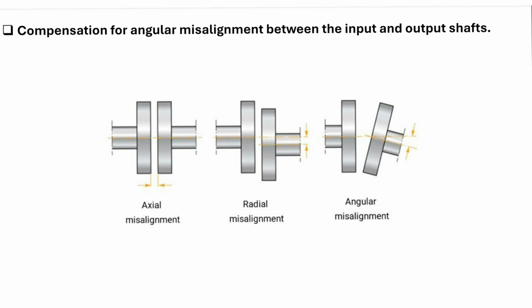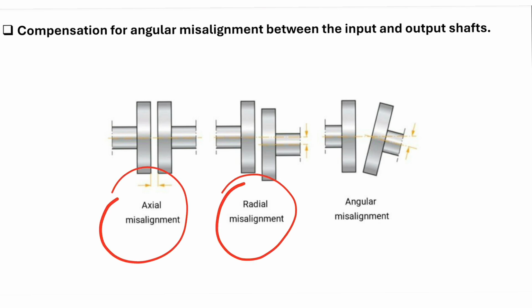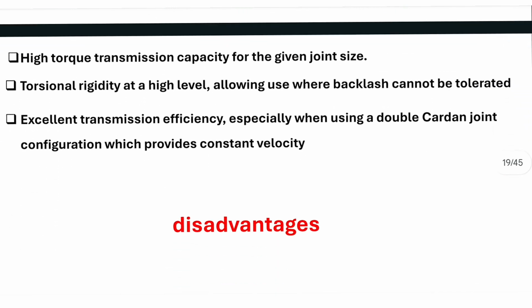This is axial misalignment, radial misalignment, and angular misalignment. High torque transmission capacity for the given joint size. Torsional rigidity at a high level allows use where backlash cannot be tolerated. Excellent transmission efficiency, especially when used in a double cardan joint configuration, which provides constant velocity.